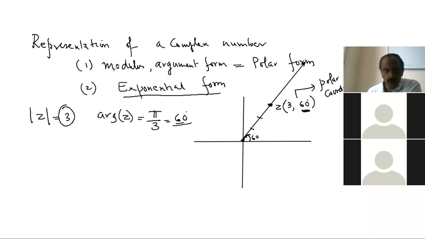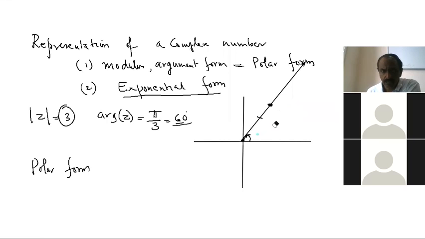Now, what is polar form? Suppose this complex number has modulus R and angle theta. And this complex number is also A plus BI.